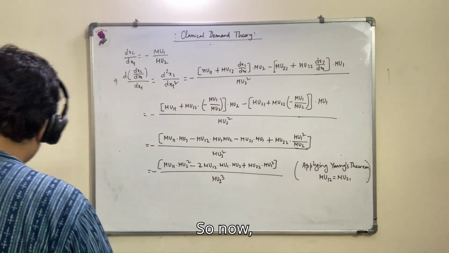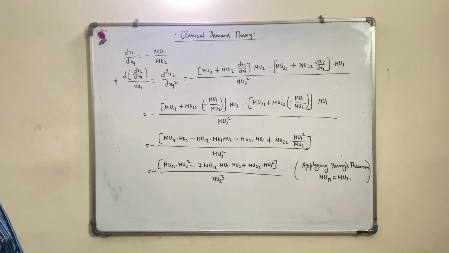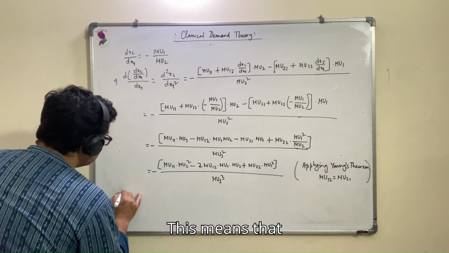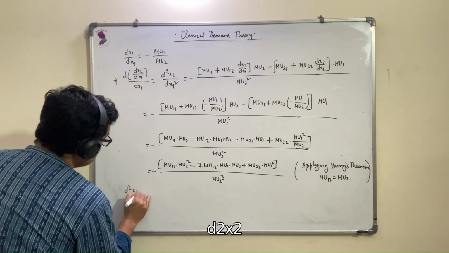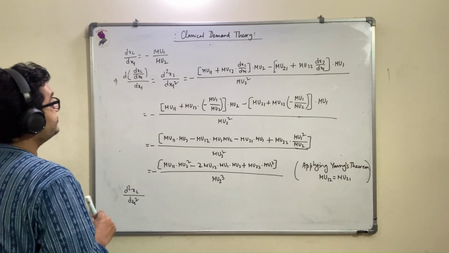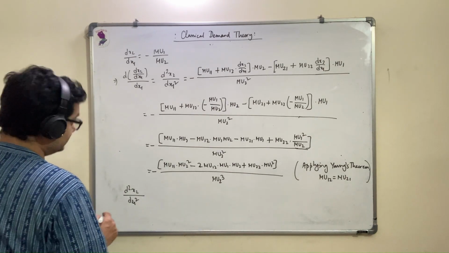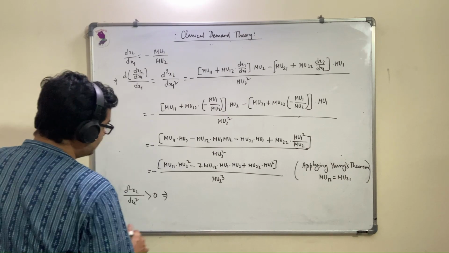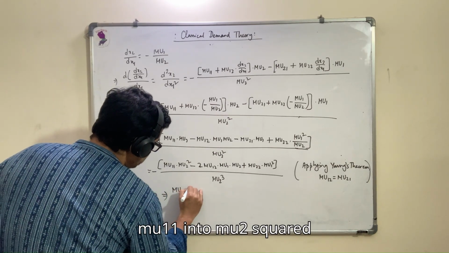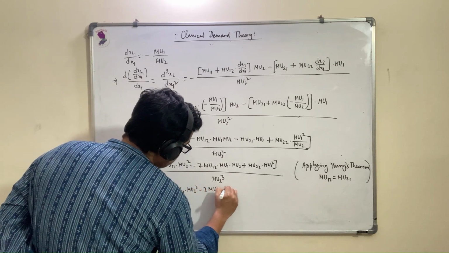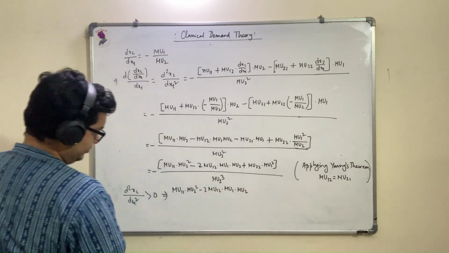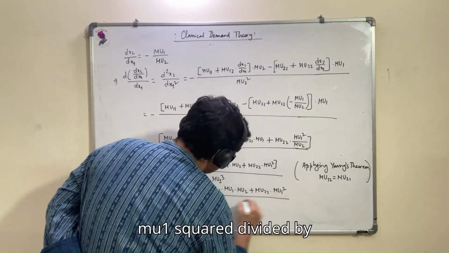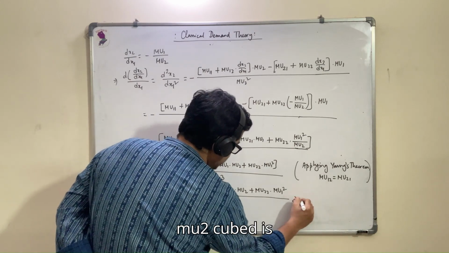Alright. So now what does this mean? This means that d2x2/dx1 square positive implies mu11 into mu2 square minus 2 mu12 into mu1 into mu2 plus mu22 into mu1 square divided by mu2 cube is negative.